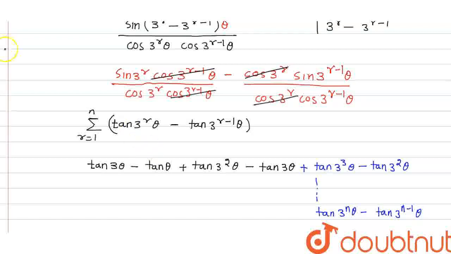Now if you see this clearly, this term will be cancelled out, this term will be cancelled out, and all the intermediate terms will be cancelled out.